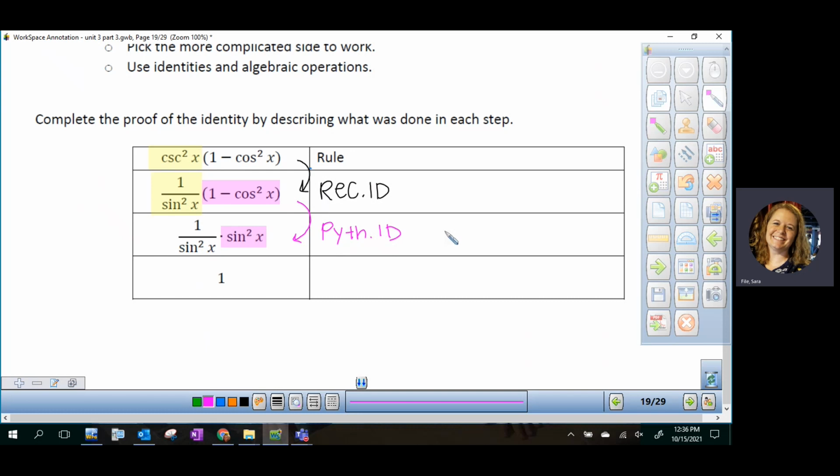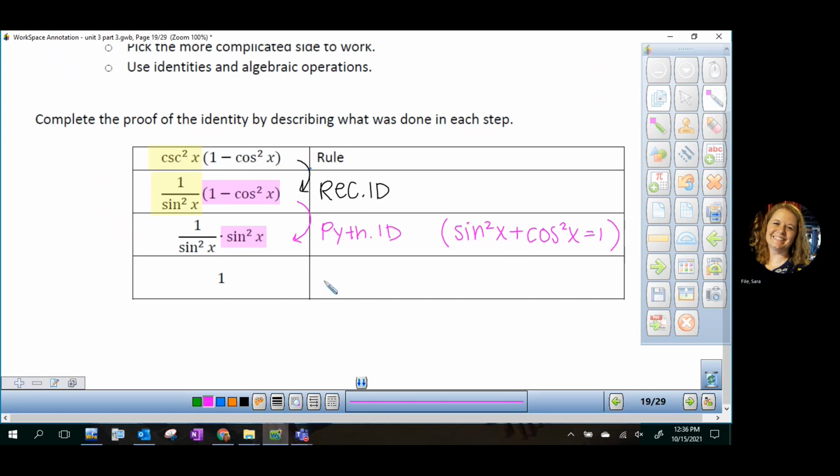If you want to actually write out the identity that was used, it's sine squared plus cosine squared is 1, and it was just rearranged. If I subtracted the cosine over, that's what sine squared equals. Now, you don't have to do that. You can just tell me you used the Pythagorean ID.